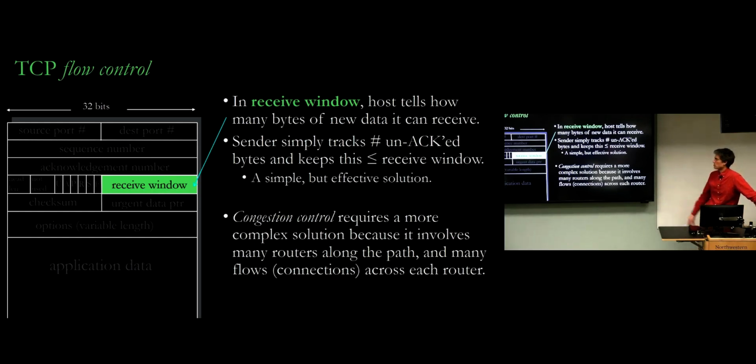So it's much harder to solve, and there's no such explicit feedback from the routers to the sender telling it how much data to send. What we'll see later on is that the congestion control window is decided based on observations. When a packet is lost, that means the network is congested somewhere, and so we need to react. It's reactive instead of proactive.